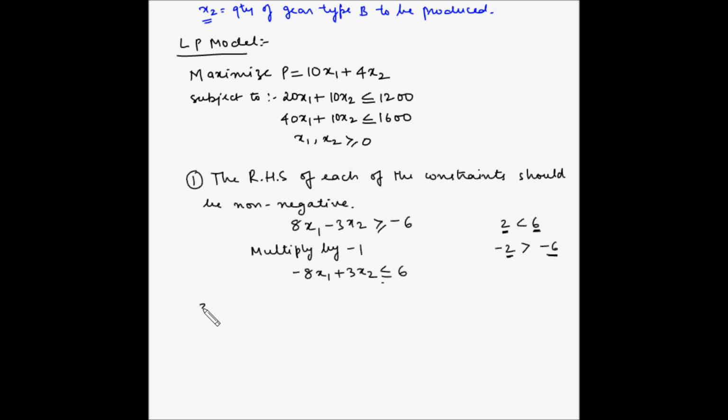Now let's look at the second condition. The second condition is that each of the decision variables of the problem should be non-negative.